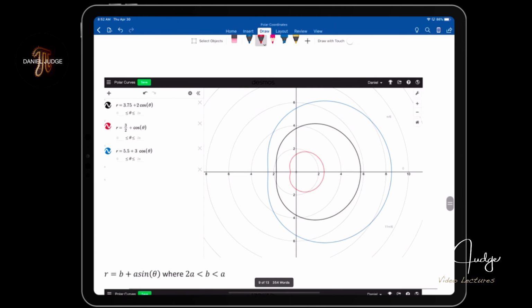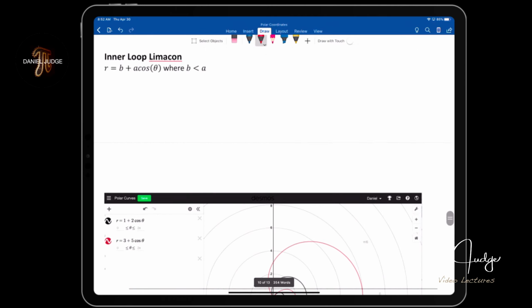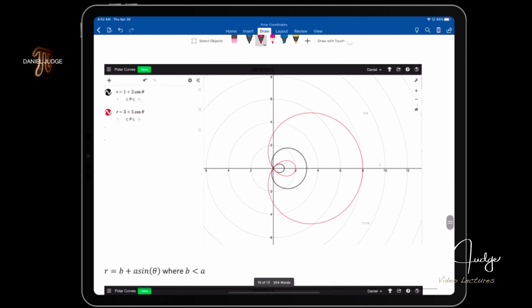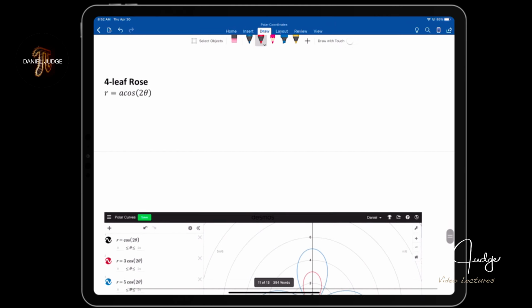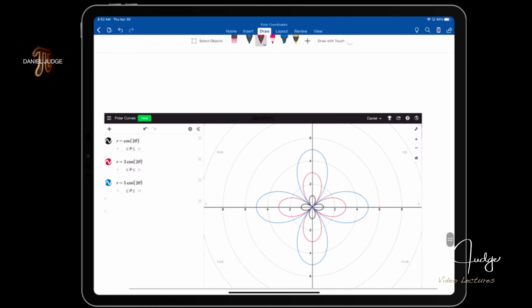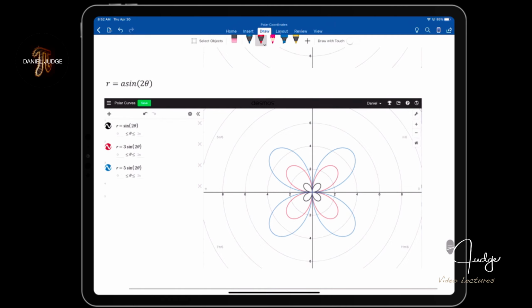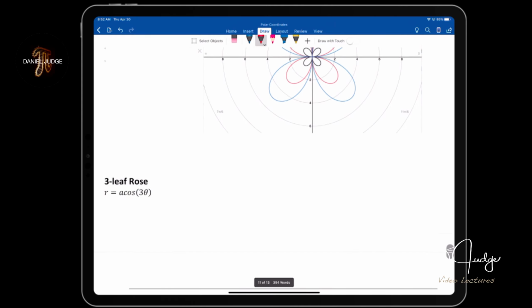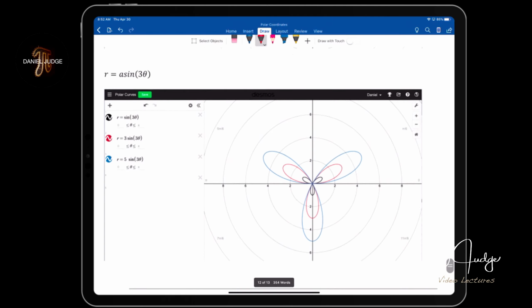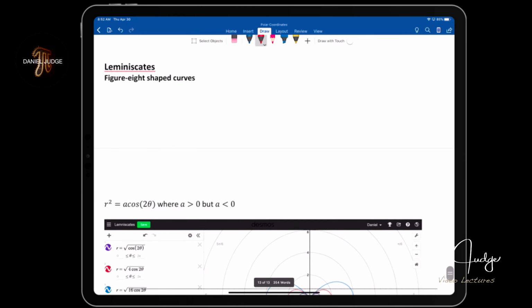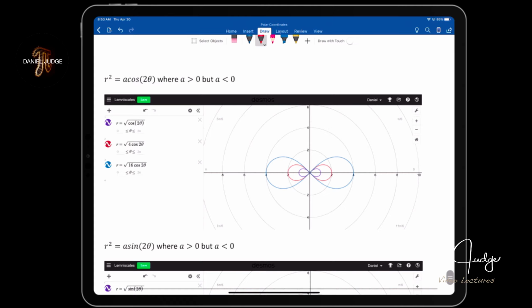They got some dimples, and vertical, horizontal. You got some loops, inner loops. There's definitions, vertical, horizontal, and you got roses. So you got the 4-leaf roses, and then we have the rotated 4-leaf roses, and then we have the 3-leaf roses. Both rotated. Finally, we have the lemniscates, figure 8 curves, vertical and horizontal.